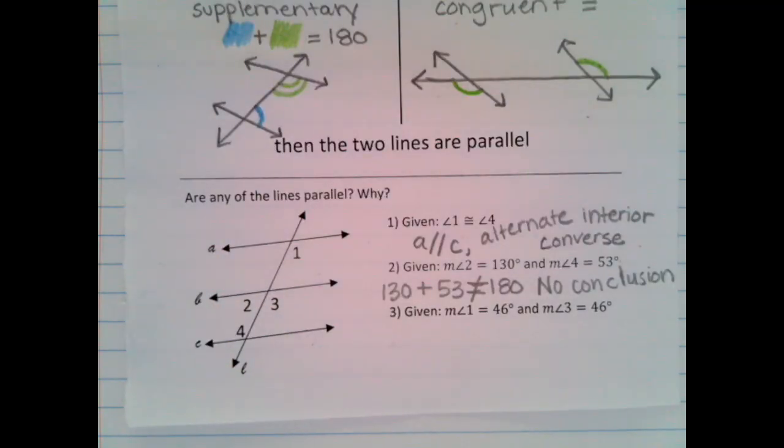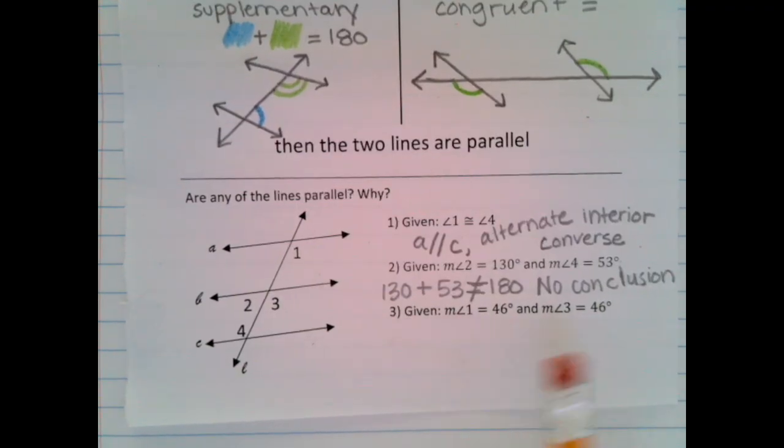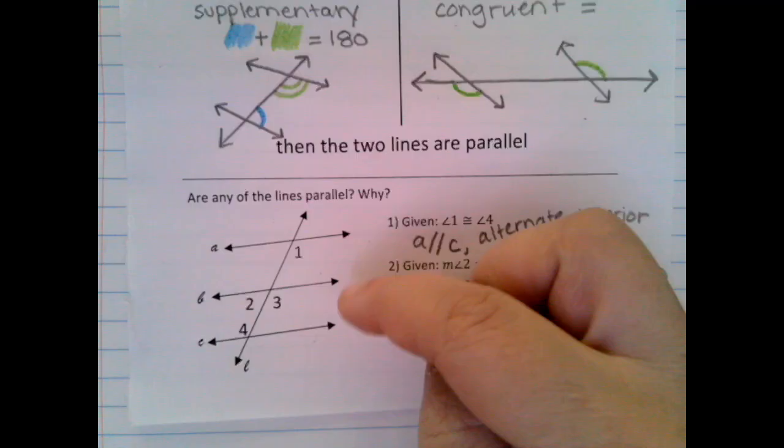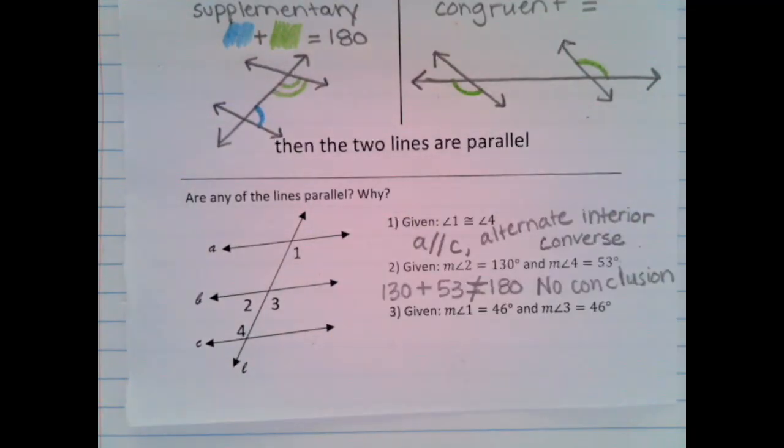All right, last one, number 3. Try and work ahead here if you'd like to. First step is to decide what 2 lines we're working with. So number 3, we're working with angle 1 and angle 3. So for angle 1 and angle 3, are we looking at A and B, B and C, or A and C?